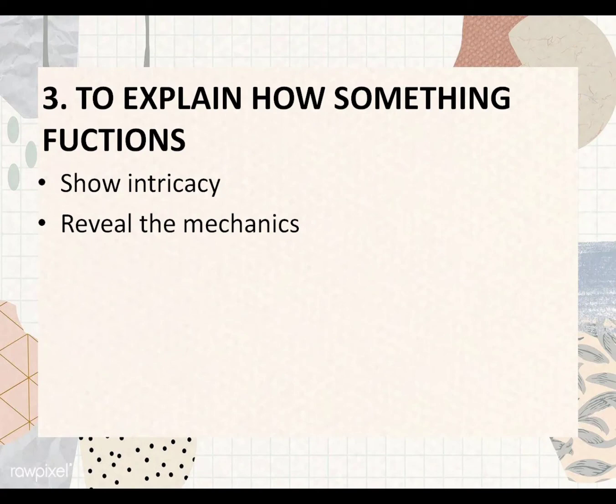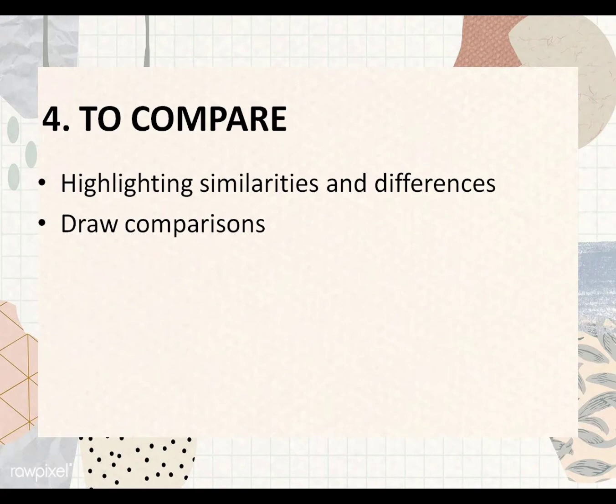Using infographics, you can show the intricacy of how something complex works. It can reveal the mechanics behind how an object works. Presenting information by highlighting similarities and differences through a visual parallel in an infographic can turn out more effective than sometimes expressing it in words.